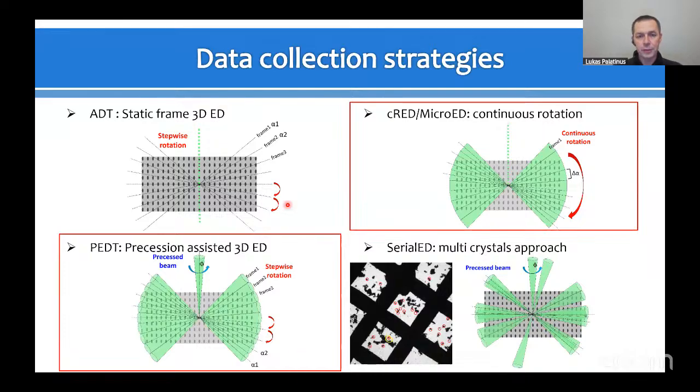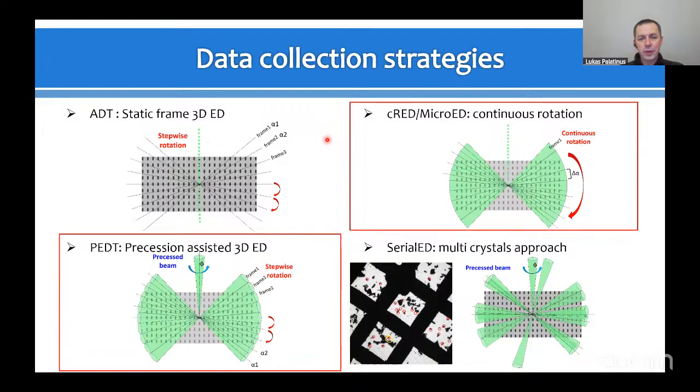Here I should point out that there are various data collection strategies. The first, on the top left, is the original one that used to be called ADT, automated diffraction tomography, and that was a collection of static frames without any continuous rotation or precession. This is not optimal because there are big gaps in reciprocal space that are not covered in the experiment.